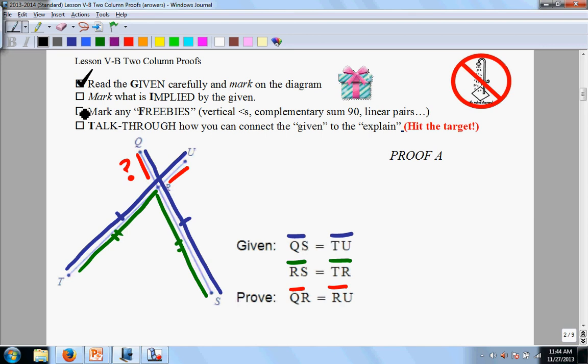Implied and freebies, there's really not any freebies here, but one thing that's real simple here that's implied is the fact that the larger segment, QS, is made up of these two segments. So we know segment QS is made up of the segments QR. Let me color code this so it's easy to spot.